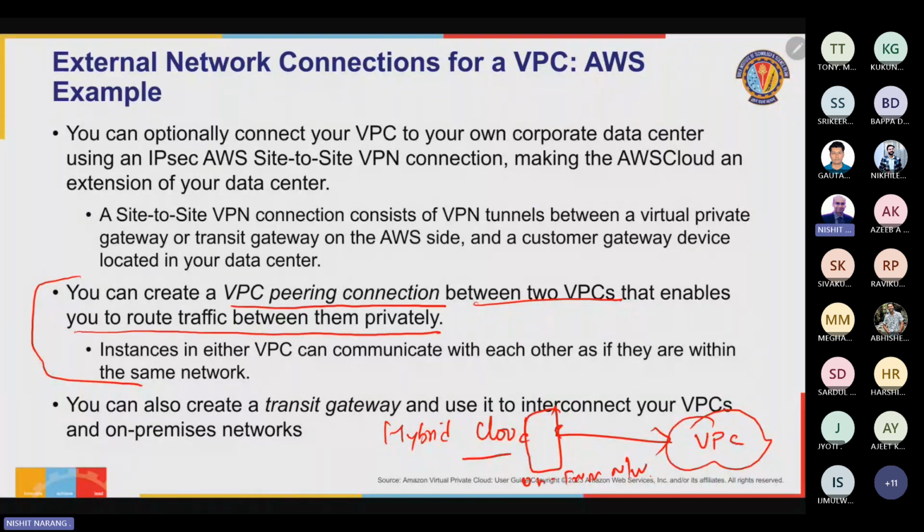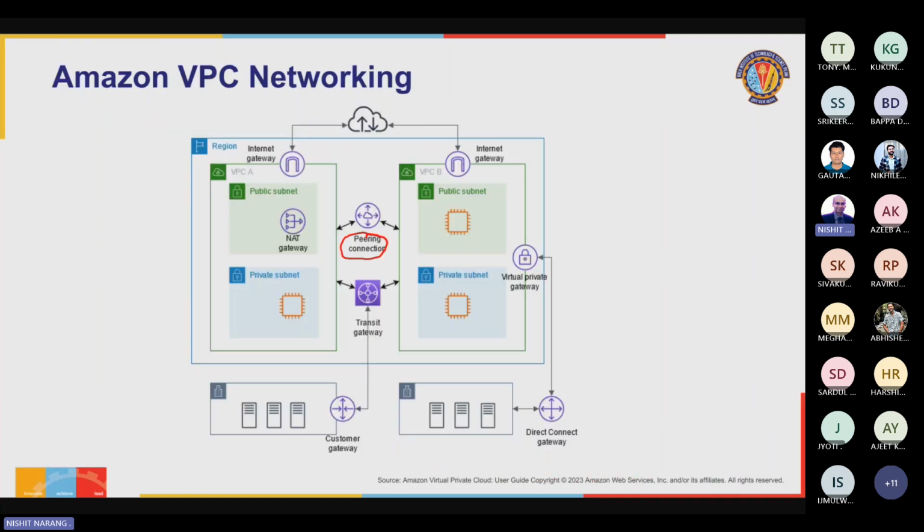So it is a networking construct that AWS offers to you, which allows your VPCs to talk to each other as if they were part of the same network, even though they are across two different data centers. So AWS calls it a peering connection. When you set up a peering connection between two VPCs, it automatically sets up all the VXLAN tunnels and everything that is required underneath to enable these VPCs to talk to each other. So that's called a peering connection.